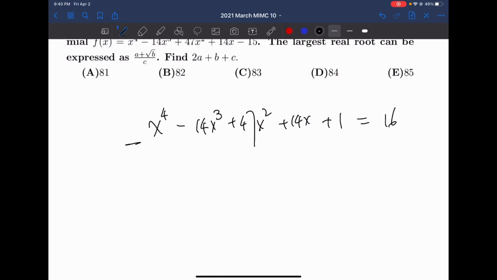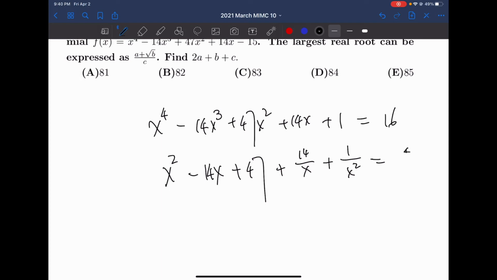And now that the coefficients are officially symmetrical, we can divide both sides by x squared. So that would convert to x squared minus 14x plus 47 plus 14 over x plus 1 over x squared is equal to 16 over x squared.